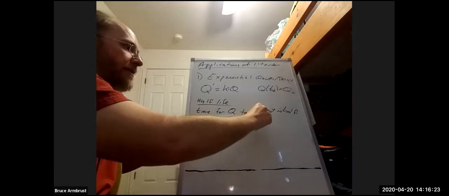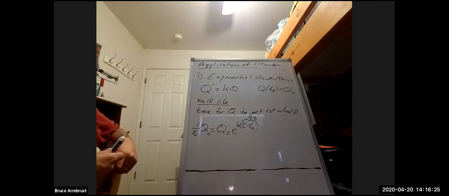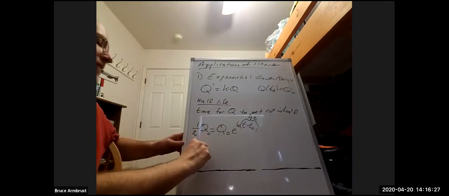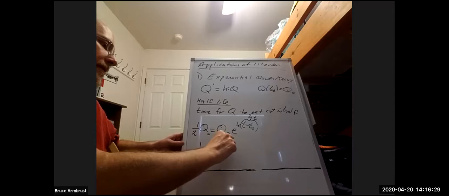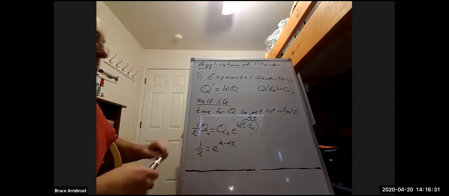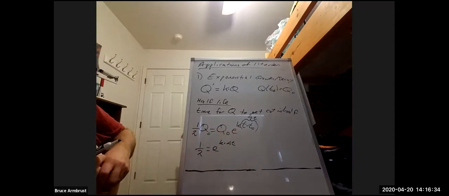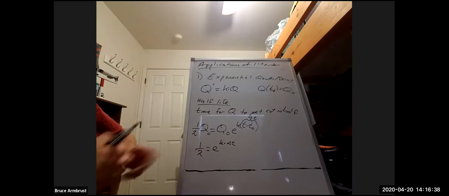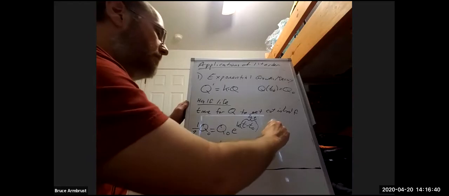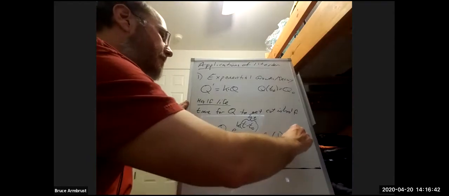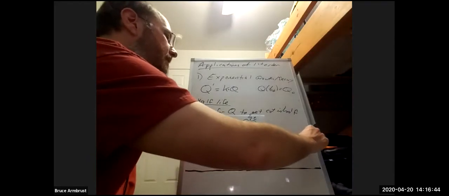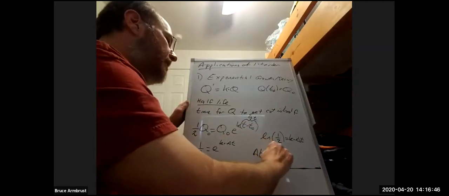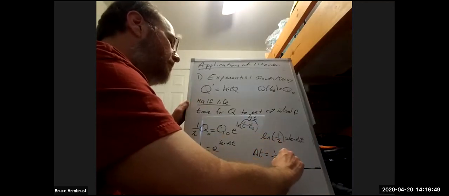So let's think of that as a delta T. If I divide by Q naught, I'm going to get 1/2 equals e to the K times delta T. I'll take a natural log. So I get the natural log of 1/2 is equal to K times delta T. And then solving for delta T, it's 1/K times the natural log of 1/2.